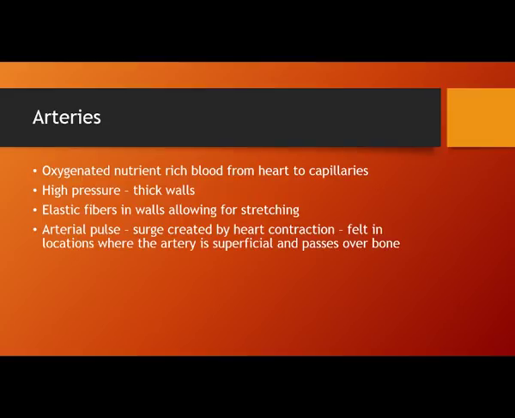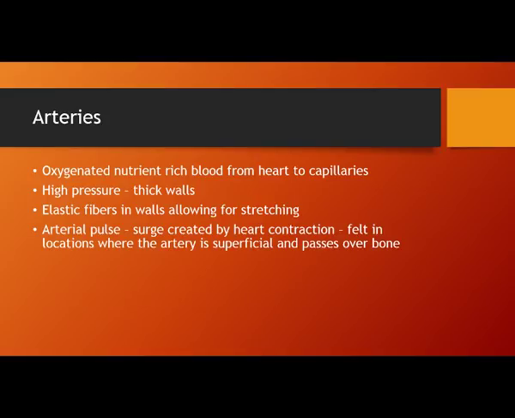Arterial pulses, we'll only be able to feel those in certain places, as we'll see, but an arterial pulse actually goes throughout the arterial system. We're only able to feel it in a few places, but it's going throughout the arterial system, and it's a surge that is created by heart contraction.